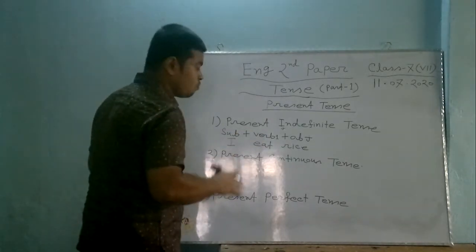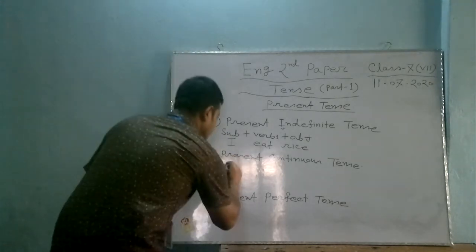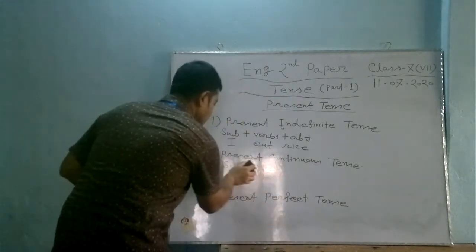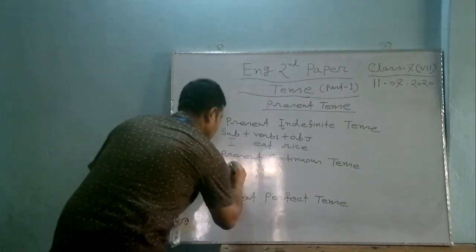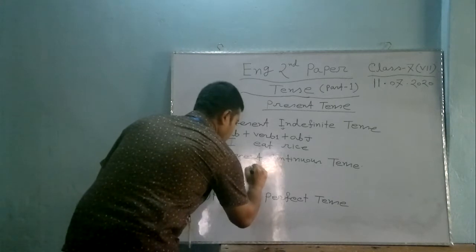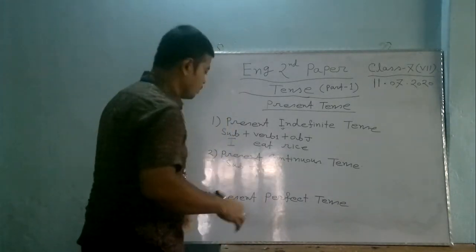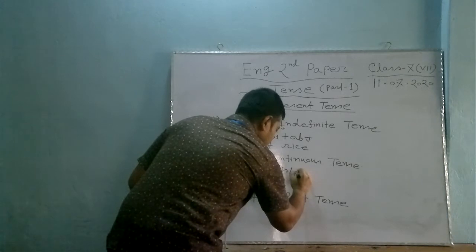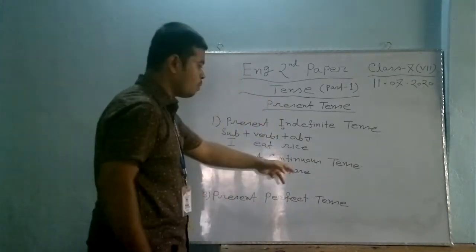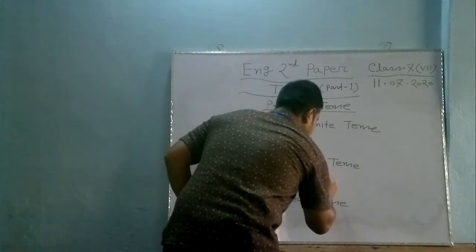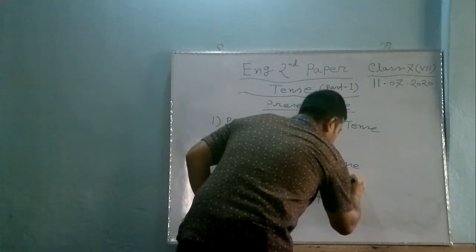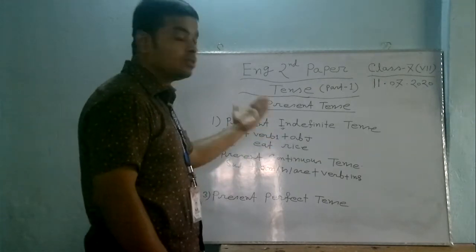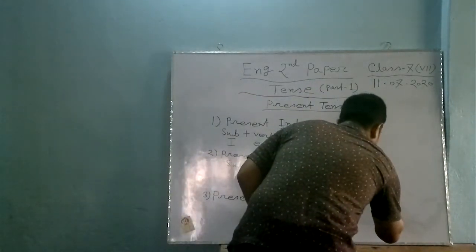Now we want to go to present continuous tense. First we write the structure for making a sentence in present continuous tense. The structure is subject plus an auxiliary verb, am, is, or are, then verb plus ing, which means adding ing to the verb, plus object.